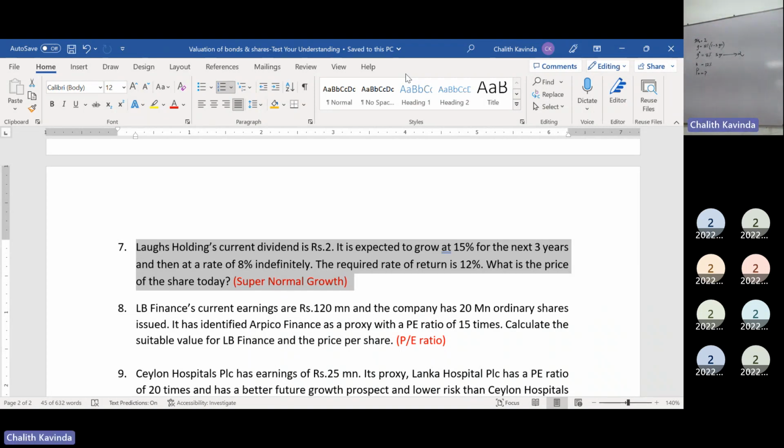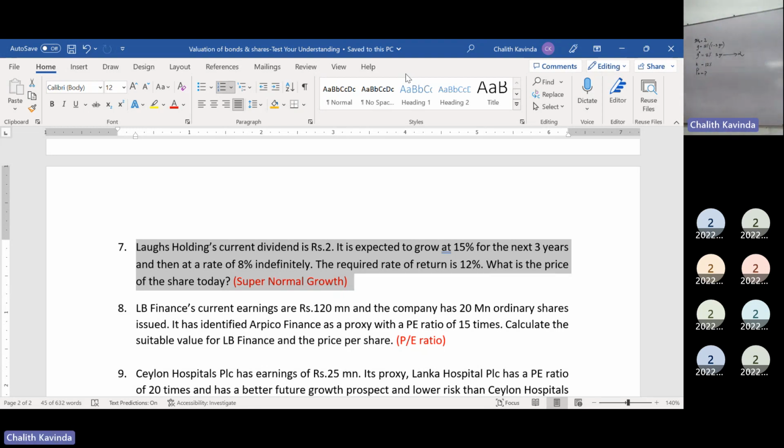How do you calculate the value of an asset? Simply the present value of its future cash flows. Accordingly, when it comes to shares, you have dividends and the selling price. You need to estimate your future dividends and the selling price if available, then bring all of these into today's terms, present value.